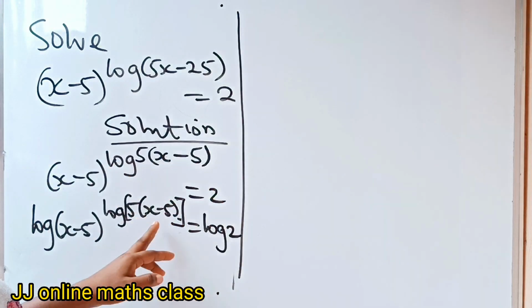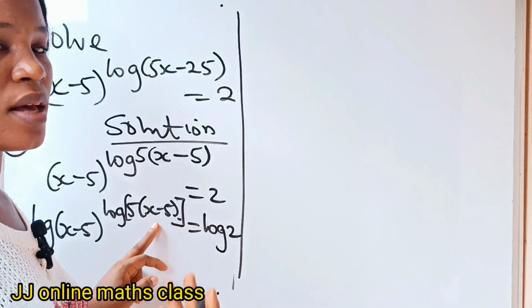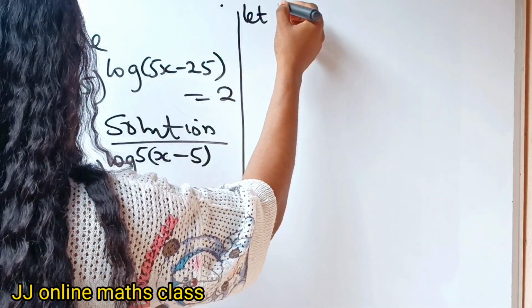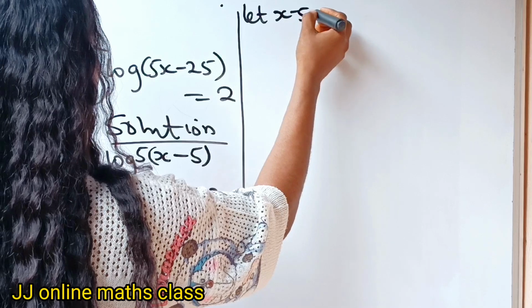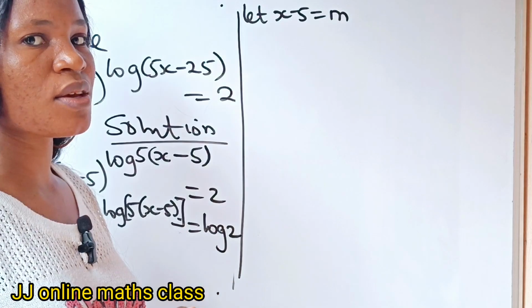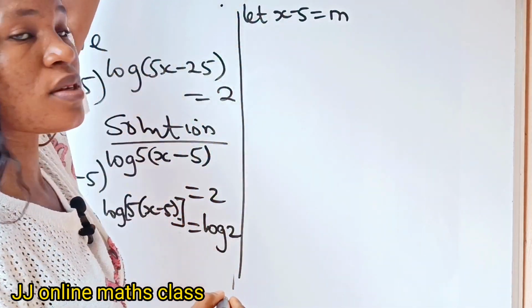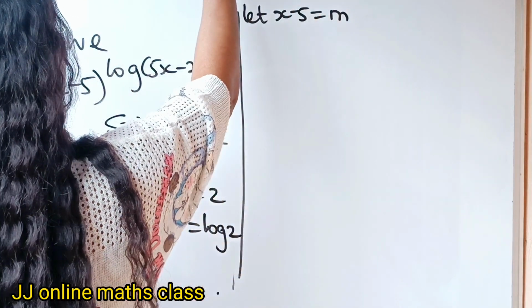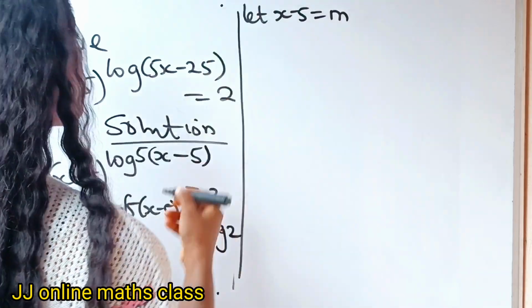Let x minus 5 be m. Now this is a very important equation, and because my board is small, I'll write it somewhere: x minus 5 is equal to m.